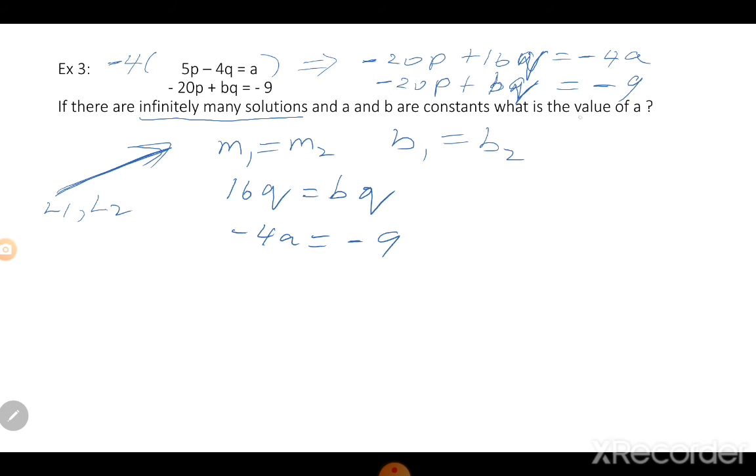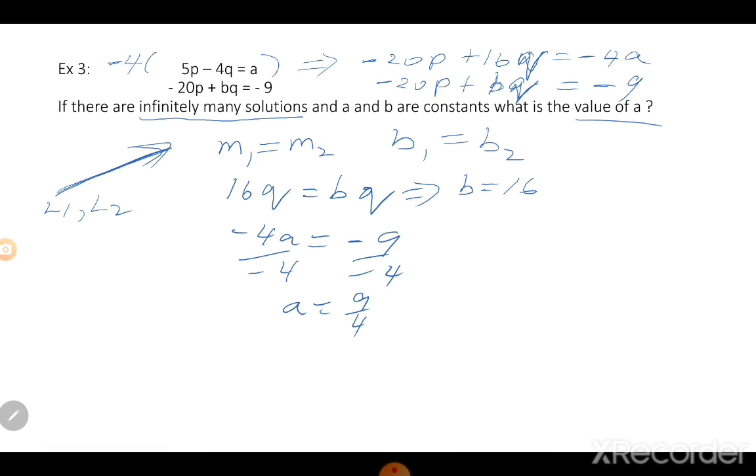Well, they only asked us to find a. So here, we just divide both sides by -4. So a is equal to 9/4. And here, if we wanted, we could see that b is equal to 16. Okay, so that's a very quick way of doing it.